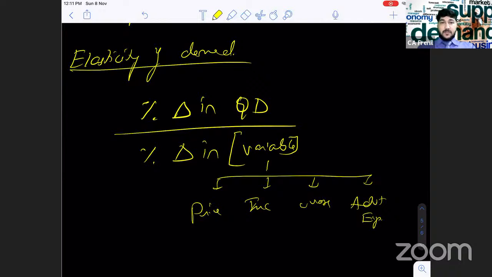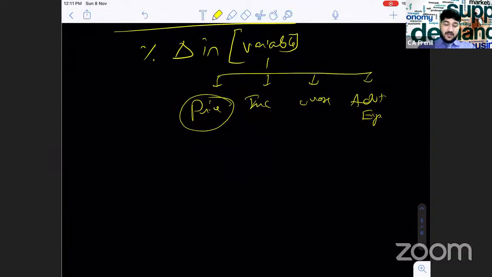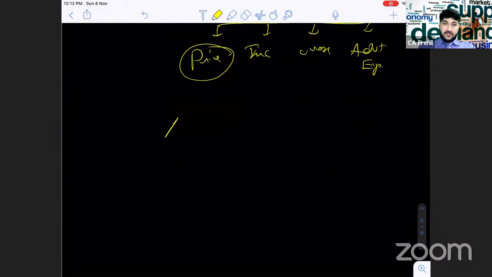The crux of the chapter is this. Correct? There is an easy formula for calculating price elasticity. For example, first we'll talk about only price elasticity. The formula is what? Percentage change in quantity demanded divided by percentage change in price. Yes or no? Correct? And we brought it down to change in quantity divided by change in price into price divided by quantity. That is what we boiled down to at the end.